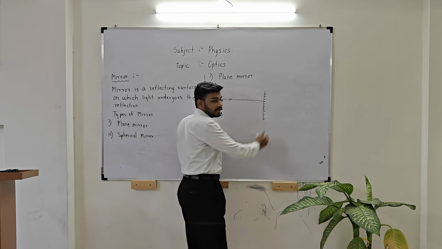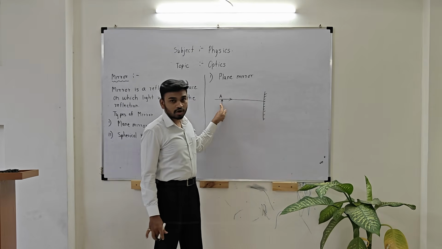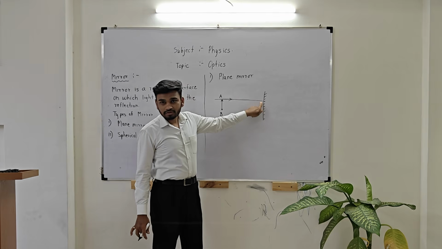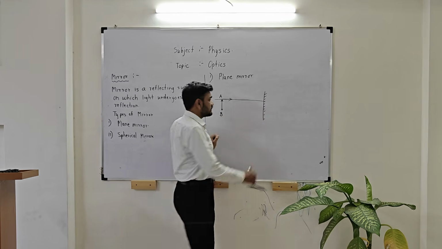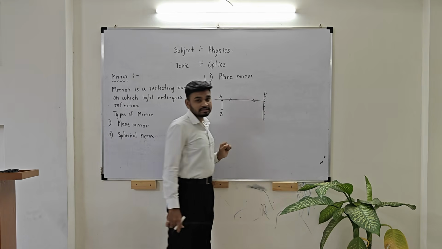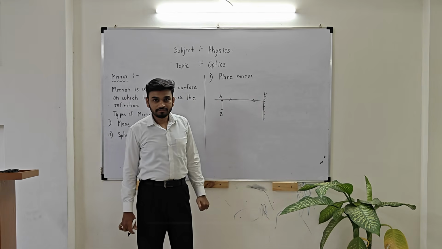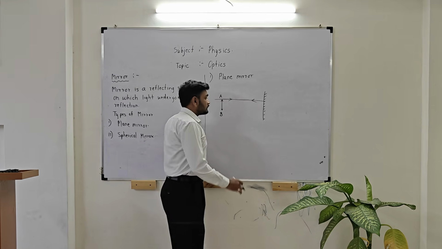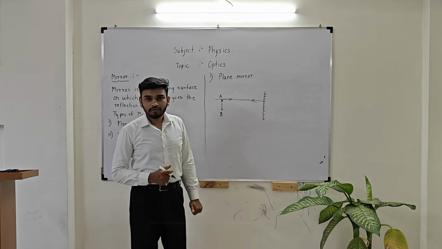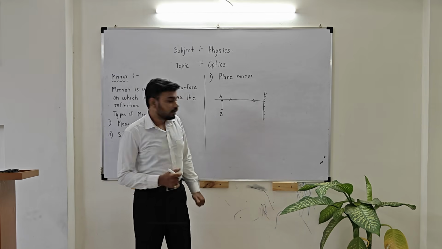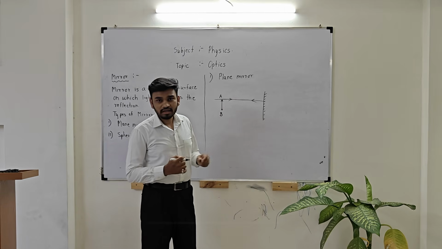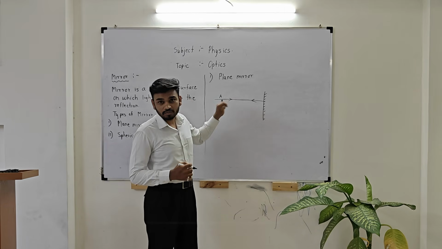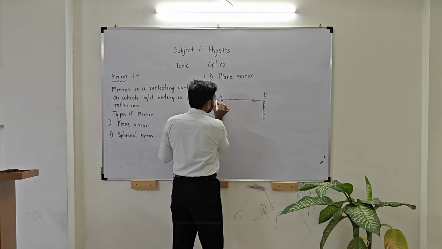So this is the incident ray of light. After reflection, it traces the same path back. Now I will take the second incident ray of light, also after passing this object.